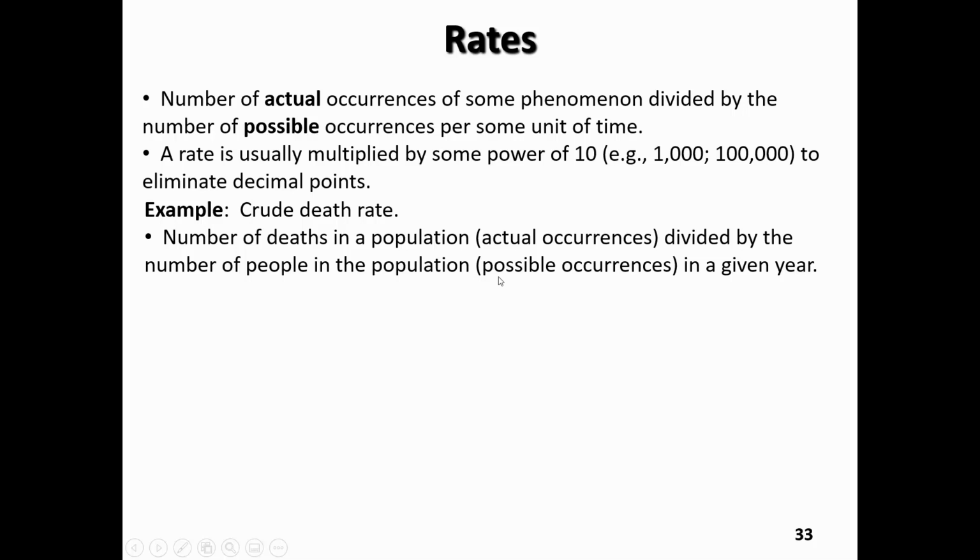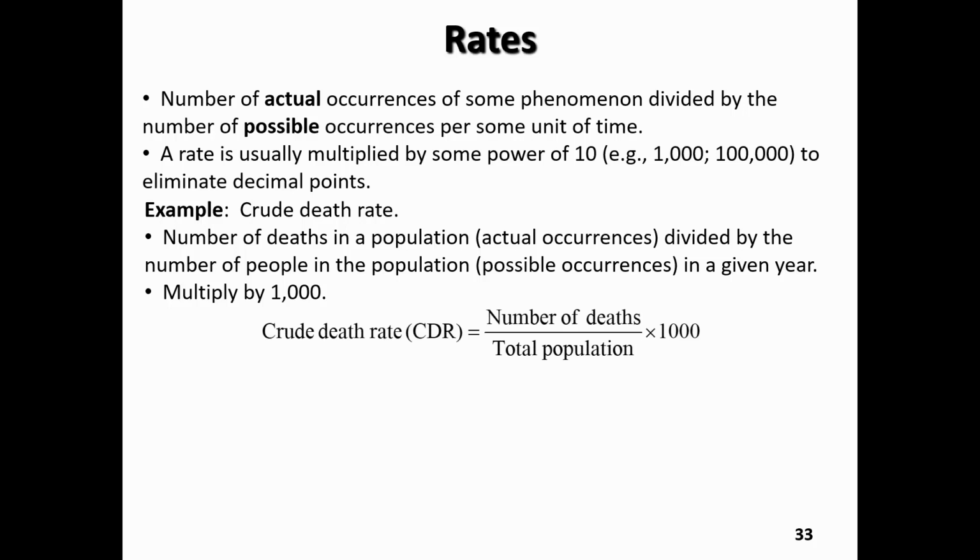So the possible number of deaths that can occur, which is the number of people in the population in a given year. And this value is often multiplied by 1,000. And this is a standard way of handling these types of data on a large scale.